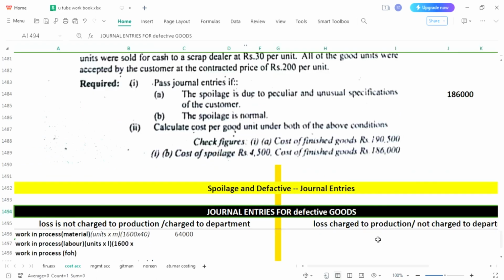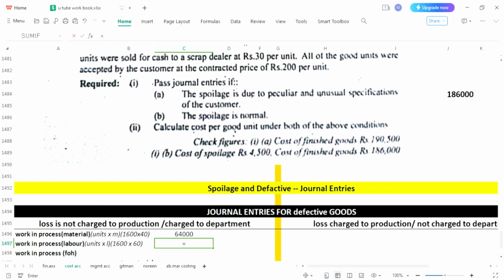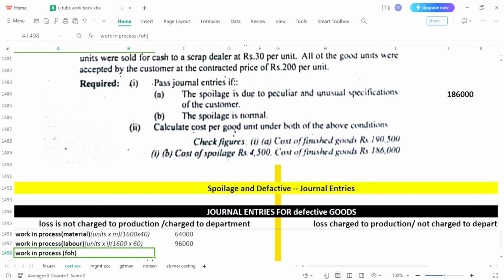So we will be writing 60 as it is the per unit cost of labor. So this was your working for the work in process labor amount, and now you can calculate it. 1600 multiplied by 60. In this way your amount for work in process labor is completed.